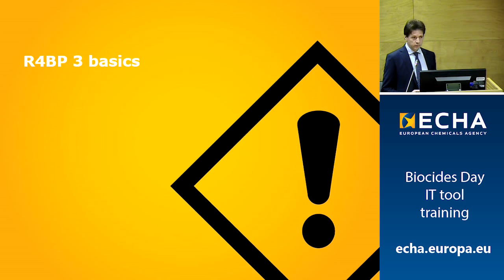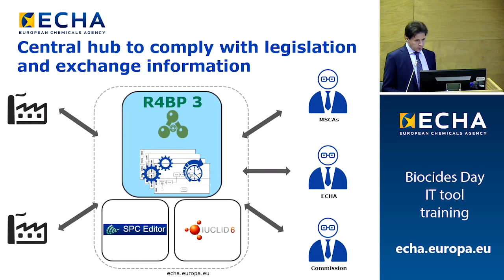Other questions from the room? Okay. So what is R4BP3? It is a hub which is developed by the European Chemical Agency to allow all the stakeholders to comply with the legislation and exchange information.